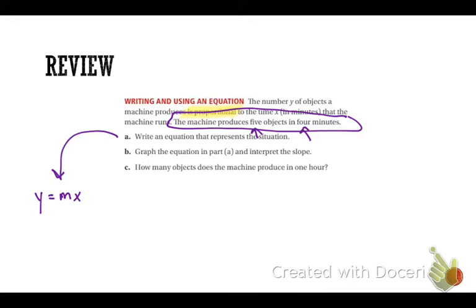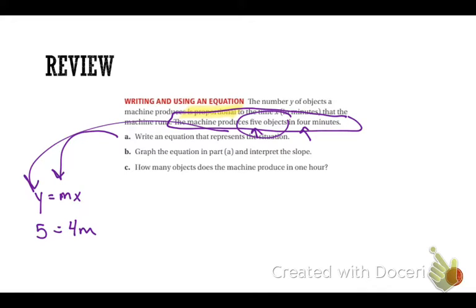So Y stood for objects. So does 5 stand for objects or does 4? 5. It says 5 objects. So 5 objects gets plugged in for Y. So you're going to say 5. Does everybody get to see why I plugged in 5 for Y? Equals 4 minutes. Well, I just said that X stands for minutes, so I'm going to say 4M.